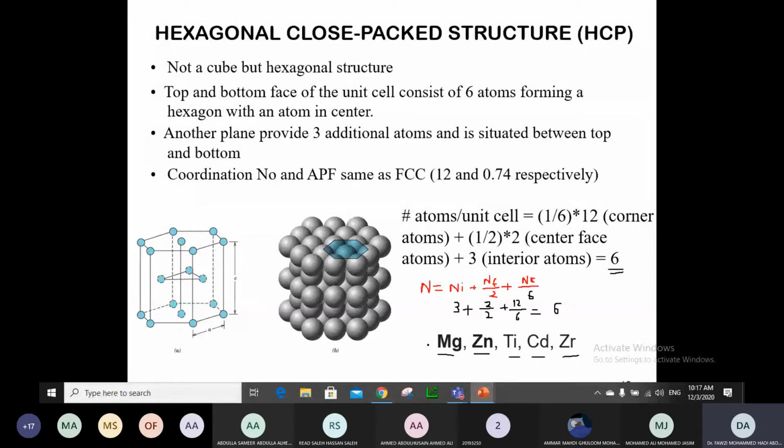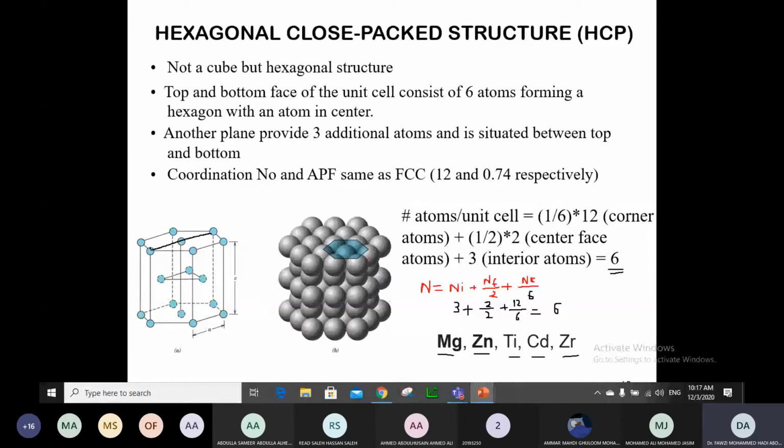Calculate the atomic packing factor for the first three, and for the hexagonal close-packed you need to know the number at least. You are not required to do the calculation. And you need to know the close-packed directions as well. Do not forget what the close-packed directions are in the hexagonal close-packed crystal structure.